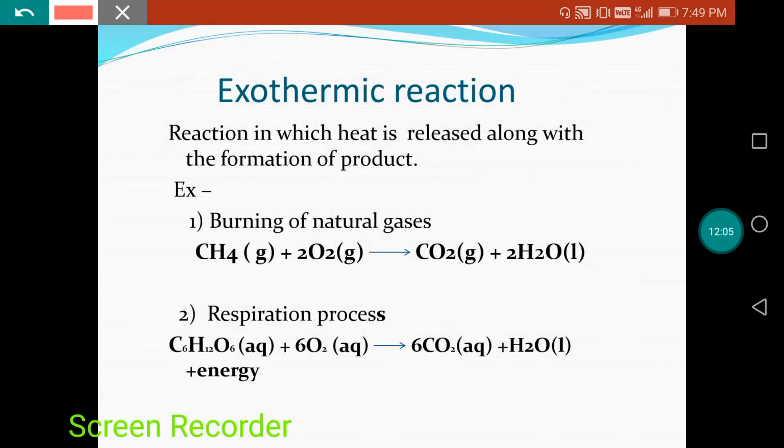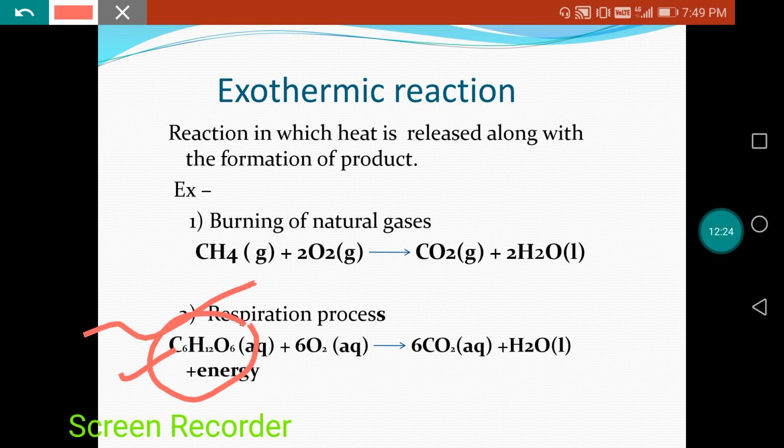Let's see another example, the respiration process. In the respiration process, we are taking food. We know we are taking food in the form of starch. This starch is converted into glucose, and this is the formula of glucose, C6H12O6.